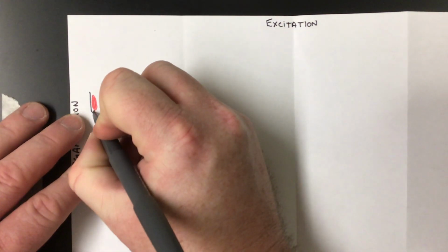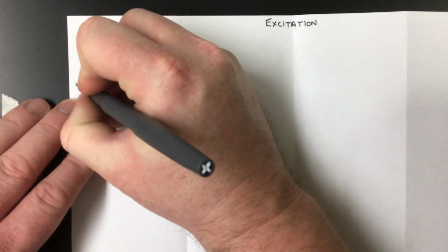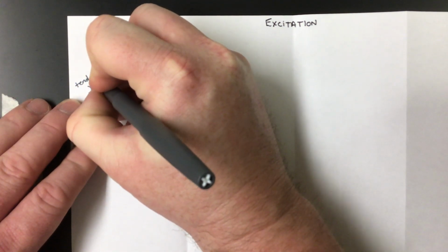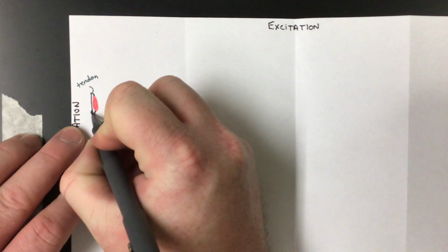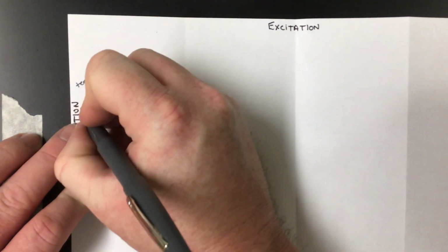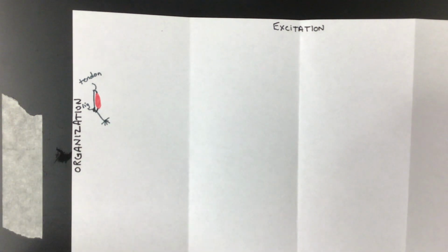So there's a muscle, and a muscle is considered an organ, and a muscle will attach to a bone with a structure called a tendon. Sometimes people confuse tendons and ligaments, and ligaments are structures that join bones with other bones.